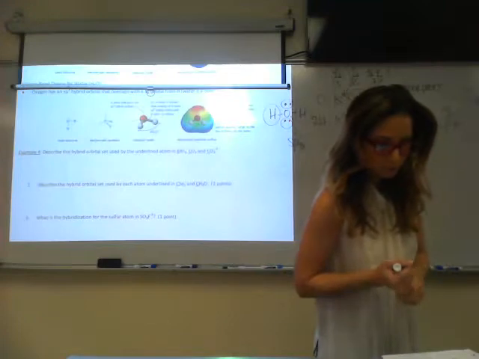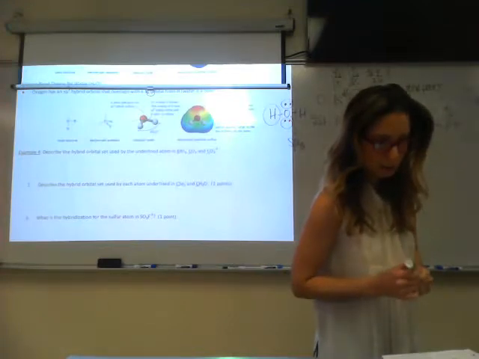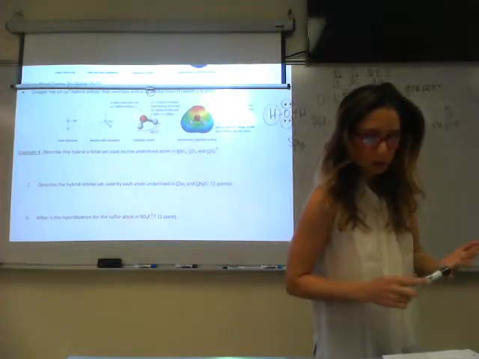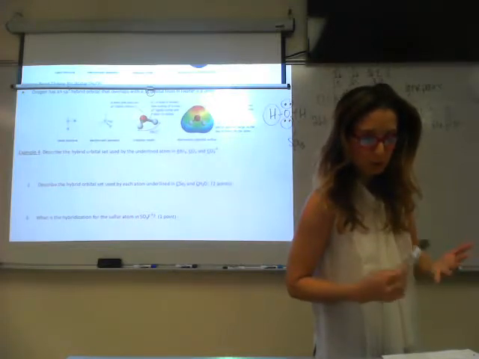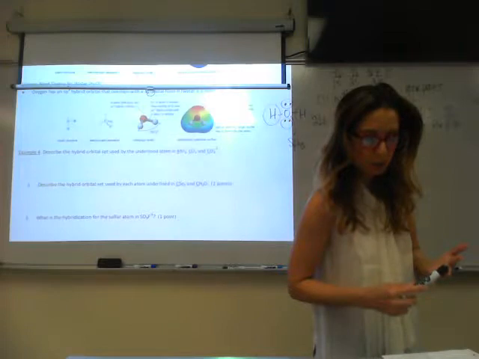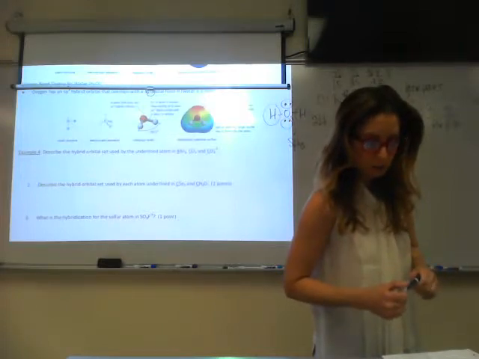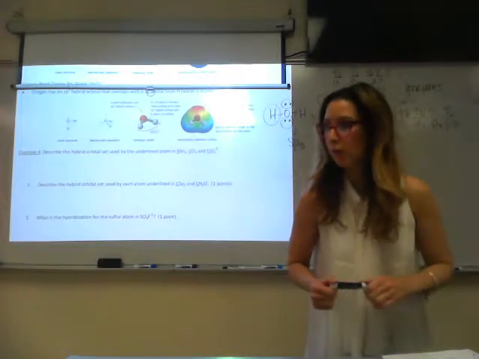Okay, now let's take a look at example 4. I want you to practice drawing the Lewis structures of BBr3, CO2, and CO3 2-, and telling me what the hybridization is for your central atom. Let's just do that much for now. Okay?